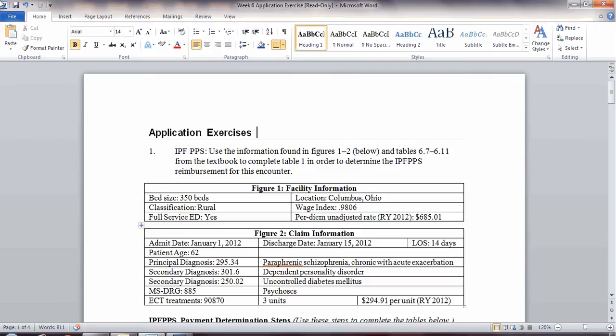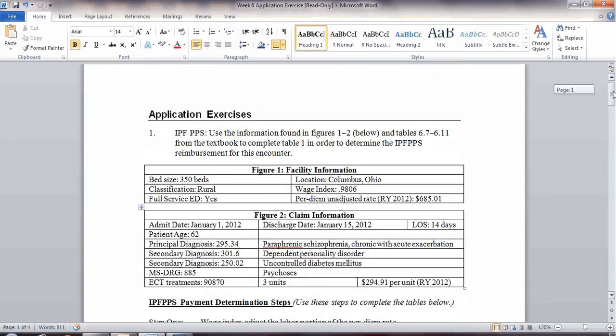In Figure 2, we have claims information where we see the admission and discharge date for this particular encounter, and also the length of stay, which was 14 days. The patient's age is indicated, and we also have the ICD-9 and CPT codes and the MSDRG classification as well. Next to the ECT treatments, you also see that this patient received 3 units and the cost per unit for these particular treatments.